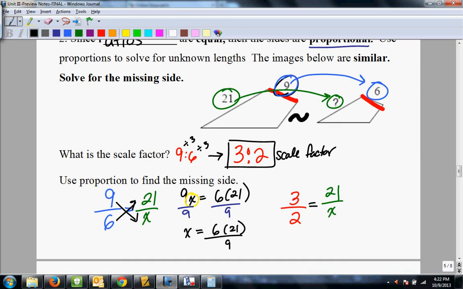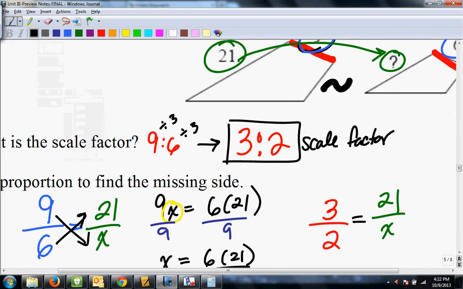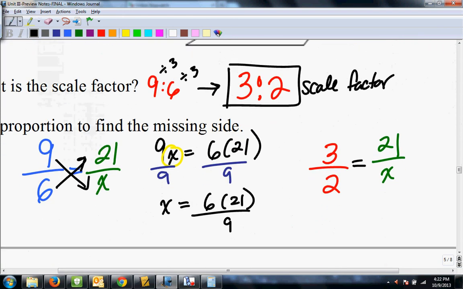So now let's reduce as far as we can without a calculator. So I know 3 goes into both 6 and 9, so I'm going to cross these out. 3 goes in here twice. 3 goes in there 3 times. Now I'm going to circle the 21 and the 3 because those reduce. 3 goes into 21 7 times. So now you just do 2 times 7. The answer is 14.